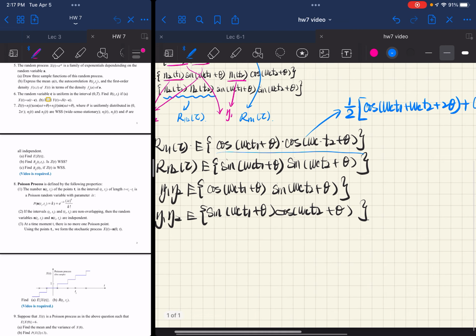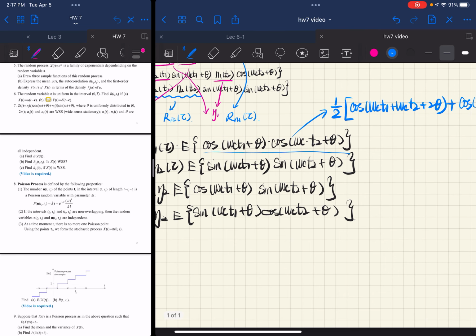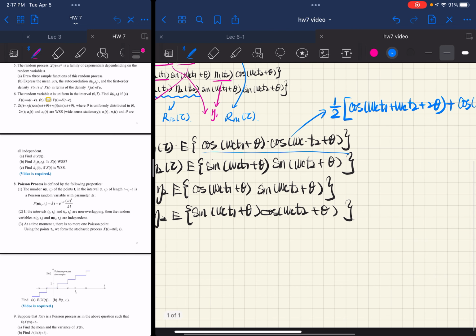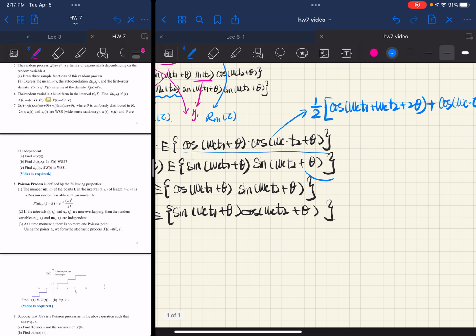And similarly for the other terms, I will just write two terms because of the space limitation.